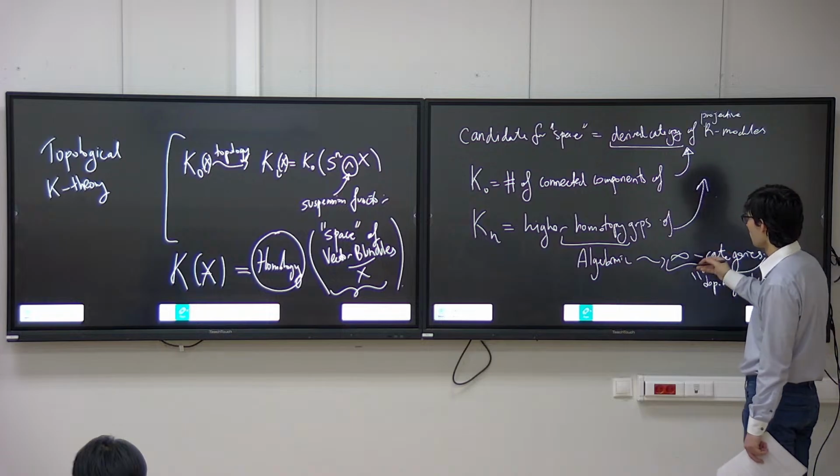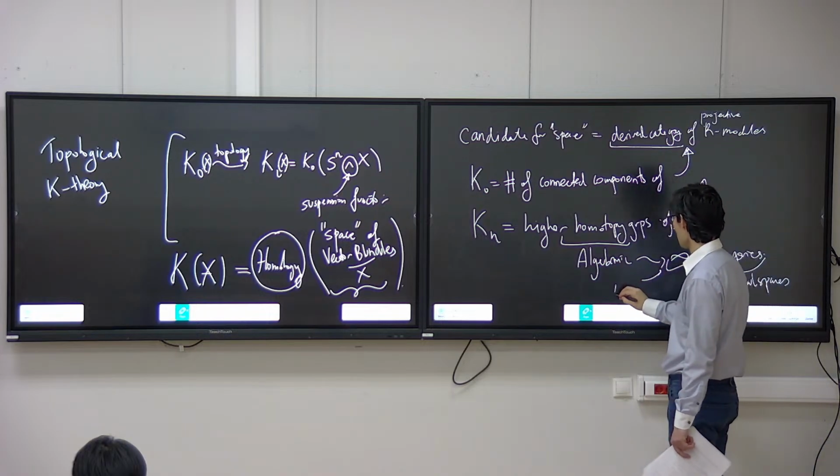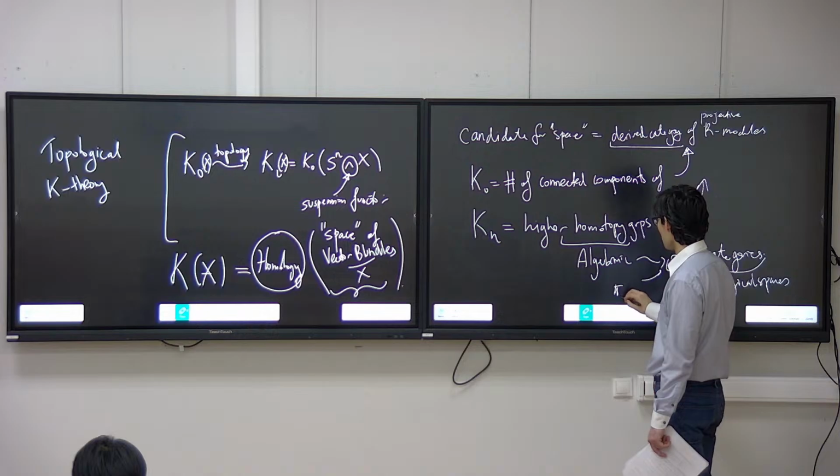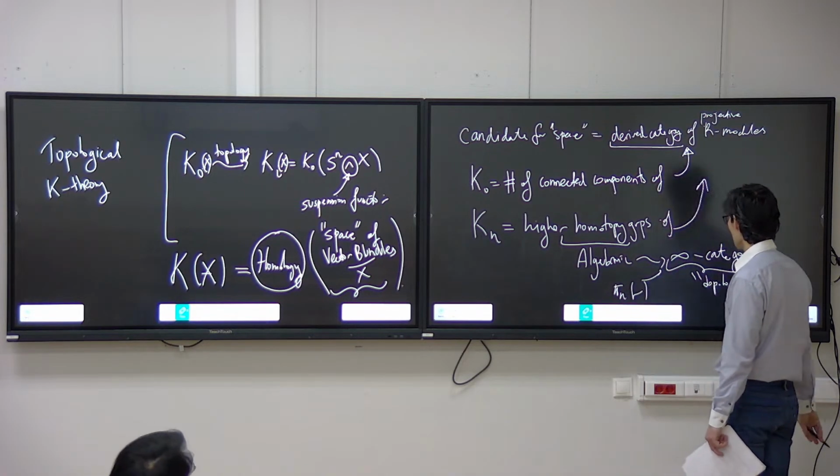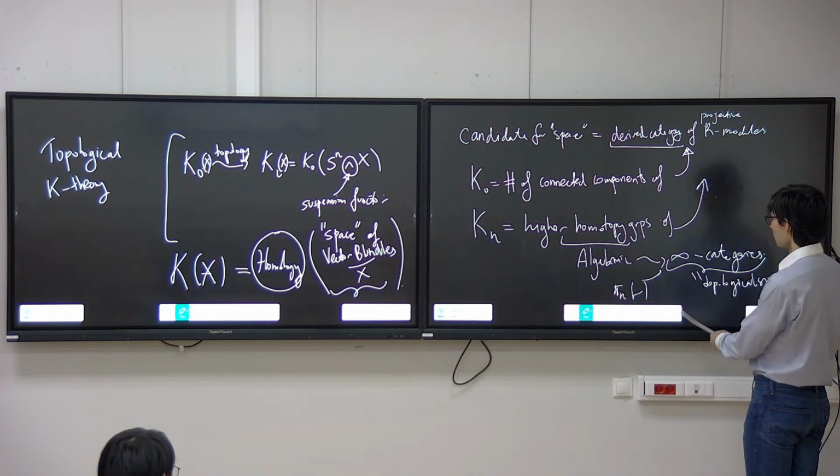And there is a well-defined notion of what it means to take the nth homotopy group or higher homotopy groups of these guys, mimicking what happens in the case of topological spaces.